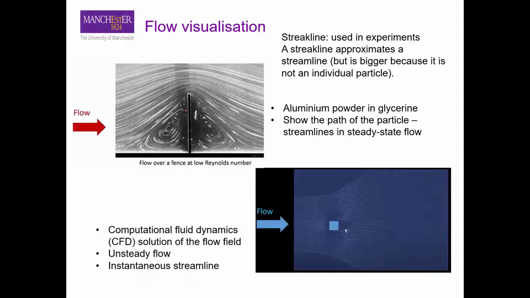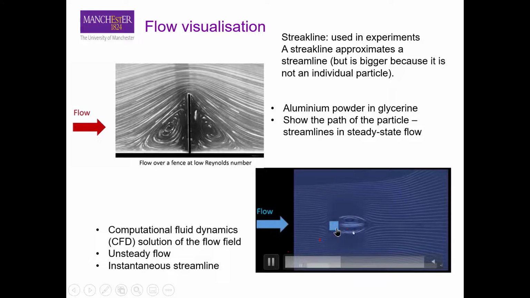Okay. And another example of streamline or instantaneous streamline is, and here in this example we use CFD. Let me try to play it. So here if we play it, you can see that there is a flow and you have very nice streamlines here, uniform streamlines, and then there is the object, and that is like a resistance column, and then you have, let me stop it here.